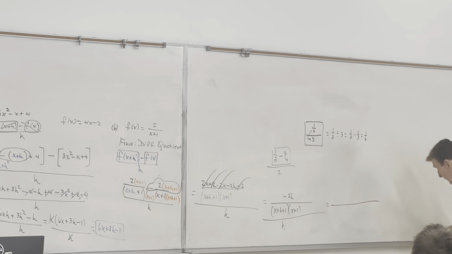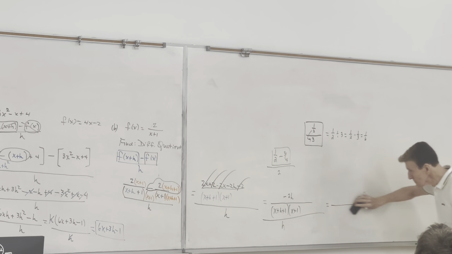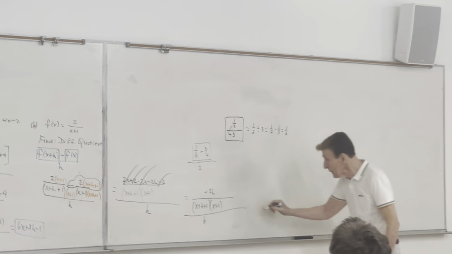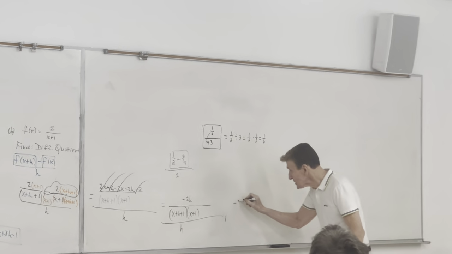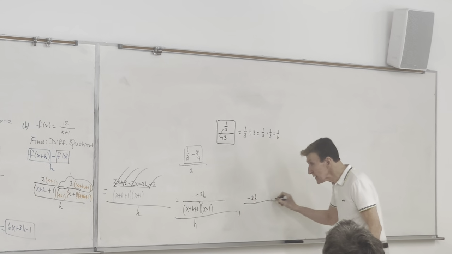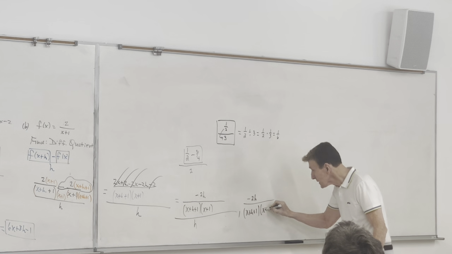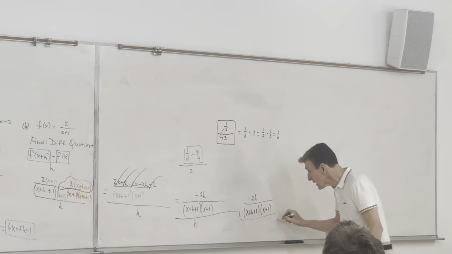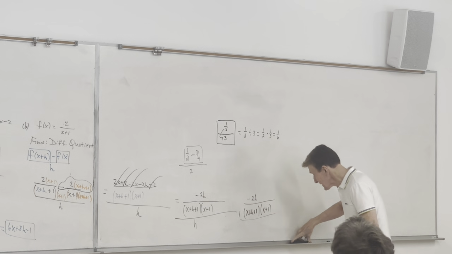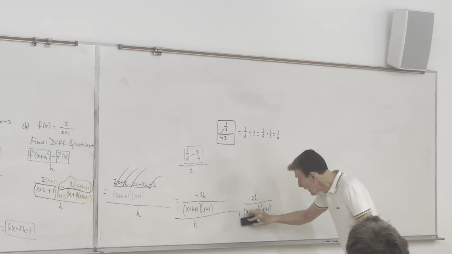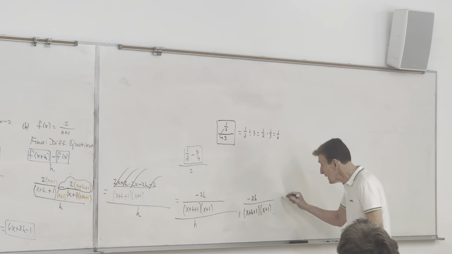Okay, so you're saying, hang on now, Jonathan, the elementary school problem up there says negative 2h over this mess times this, oh boy, calculus, all over h, divided by h. That's what you're telling me to do.